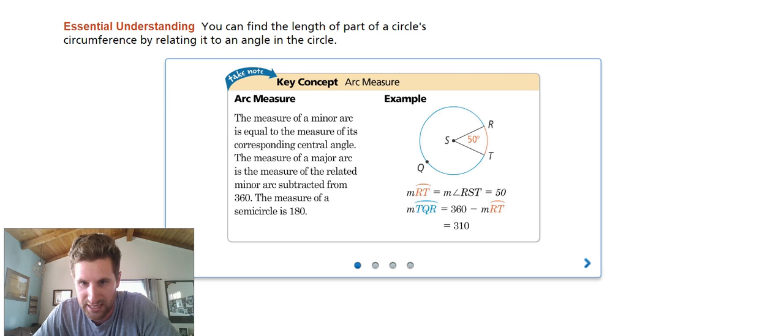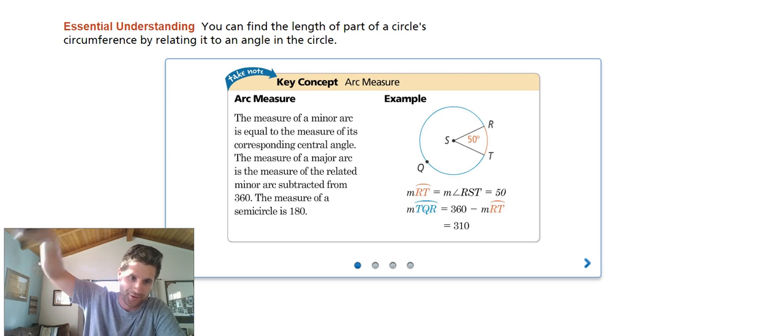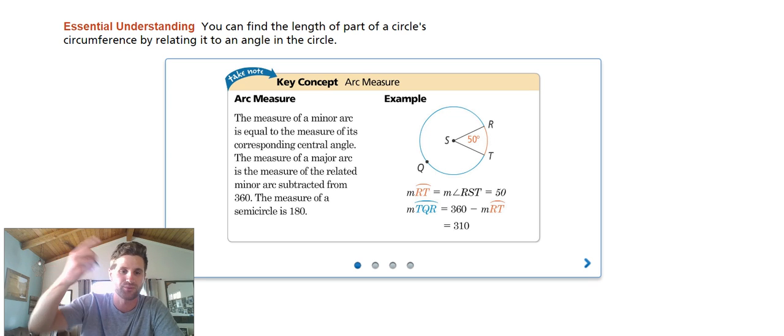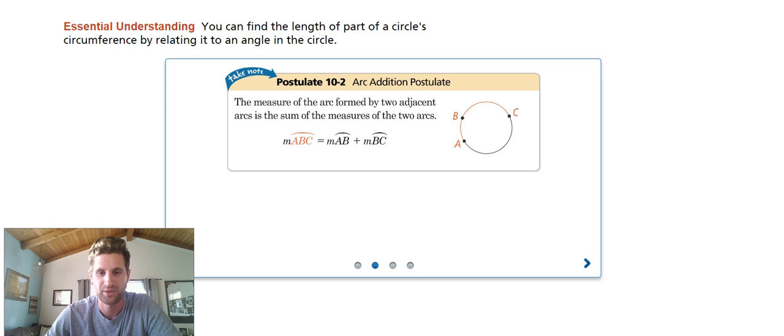So we have RT, and if 50 degrees is in here, then we know the minor arc. To find the major arc, this bigger one, which we call TQR, we take 360 degrees, the total degrees of a circle, and subtract the 50 degrees, and we're left with 310. So that's arc measure. We'll take a look at an example of those.